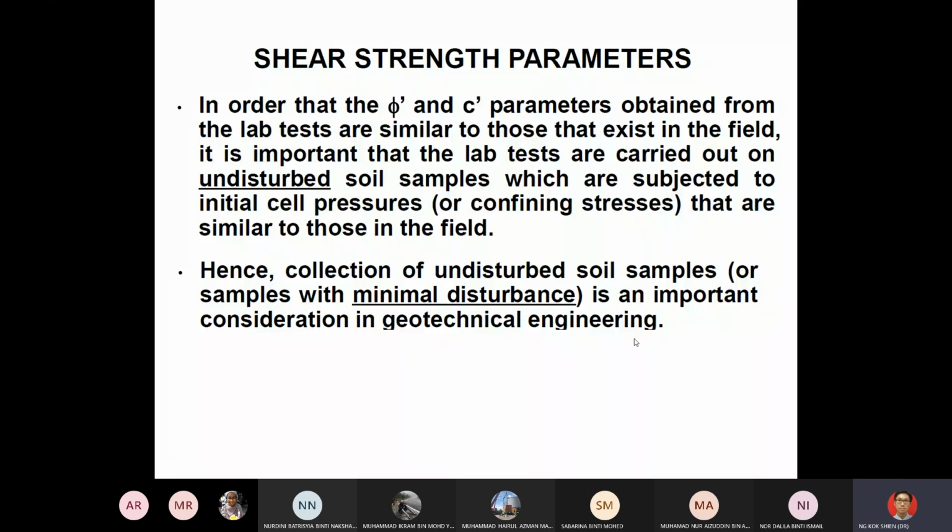But if it gives an over-prediction of the factor of safety, then it becomes a problem. We want our design to be safe, so try to be more conservative. If you get a higher factor of safety but the real factor of safety is low, it can be dangerous.